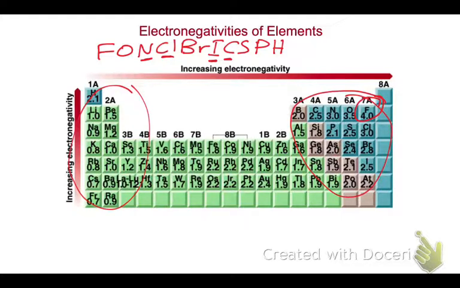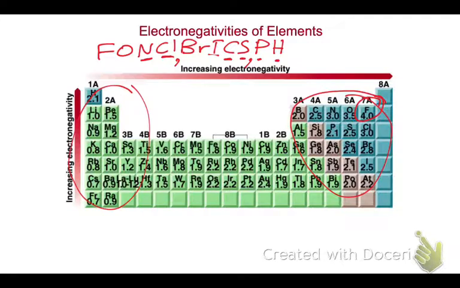Sorry, I made a mistake here. Carbon and sulfur are the same, and then you have phosphorus and hydrogen are the same. Okay, so the way I made myself remember that, it's like Funkel, comma, bricks, paha.